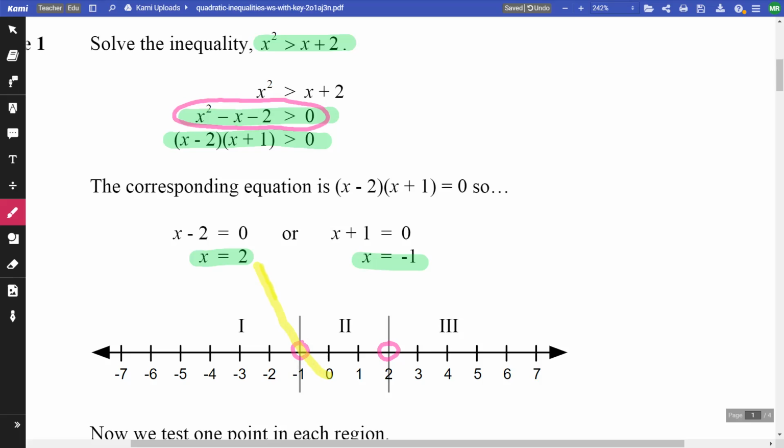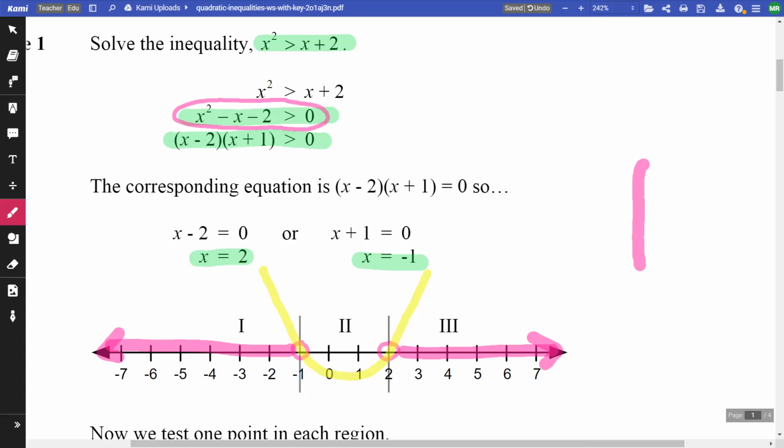Then this is below 0, at 0, above 0. I want it greater, I want it above. So I am going to want it in section 1 and section 3.